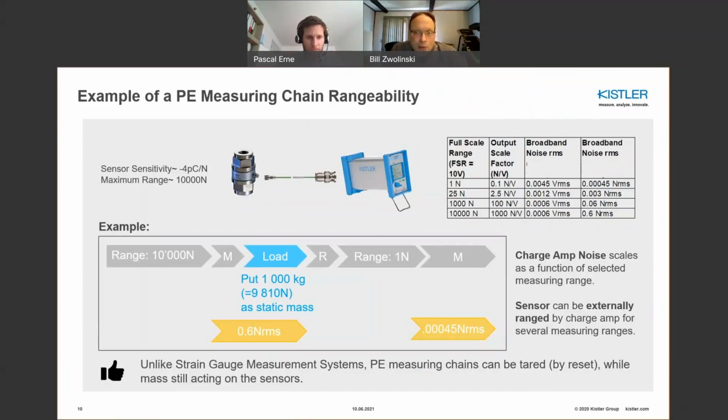The real magic of a charge amp is that it scales the measuring range and scales the noise voltage as a function of measuring range. You can see there at 1 Newton, you're at 0.0045 newtons RMS noise, whereas at 10 kilonewtons, you're at about 0.6 of a Newton broadband RMS noise. Quite a good feature of this technology is the rangeability.